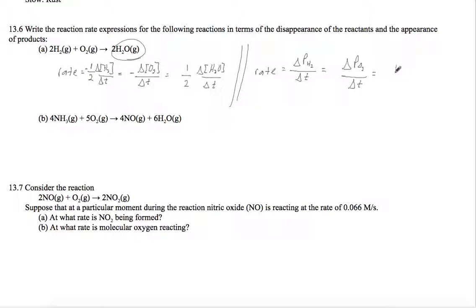Change in pressure of water over change in time, and this is going to be our 1/2. That'll be negative here. This is also going to be 1/2. So we can see that this is H2O instead. It's the same thing, just depending on what values you work with.